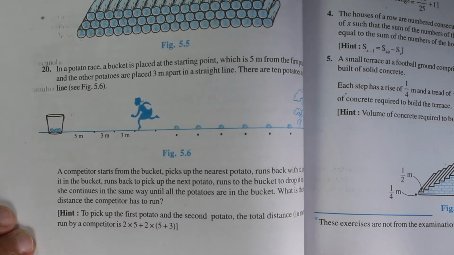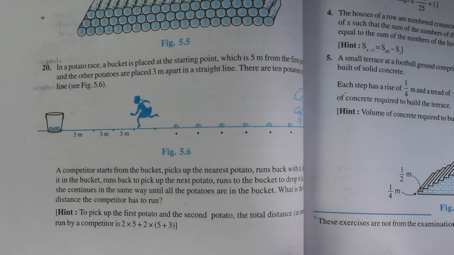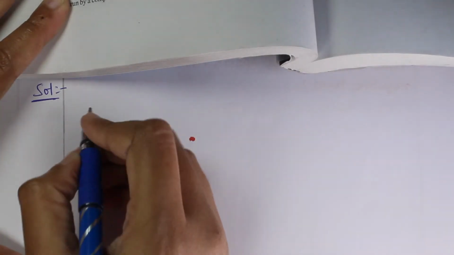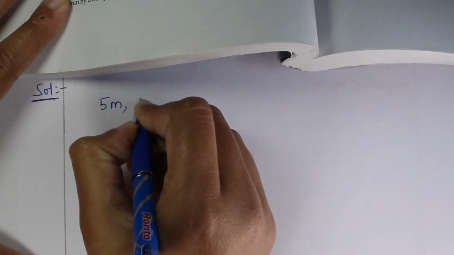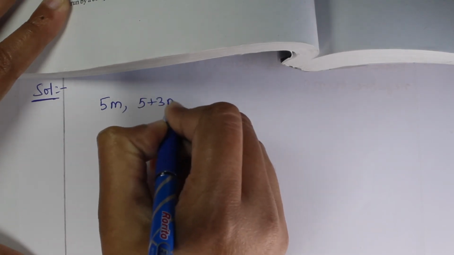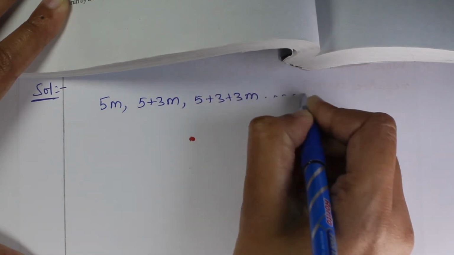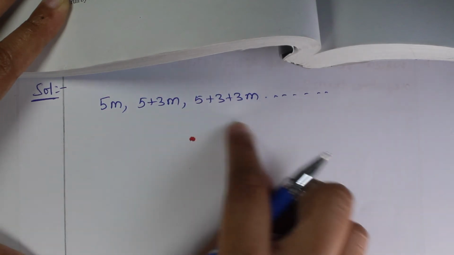Okay, so the potatoes are arranged in an arithmetic progression series, that is 5 meters, next 5 plus 3 meters, and then 5 plus 3 plus 3 meters. The distances are in this way.